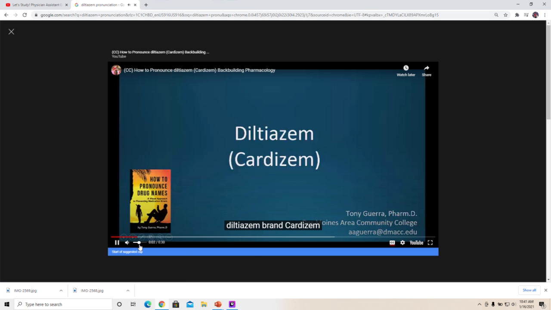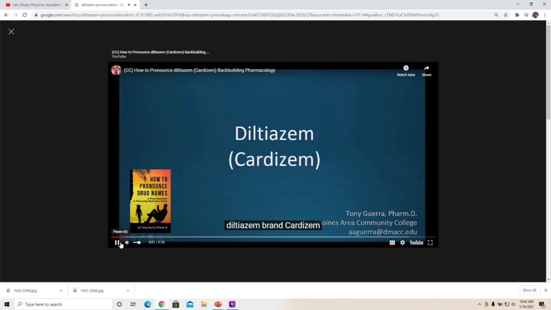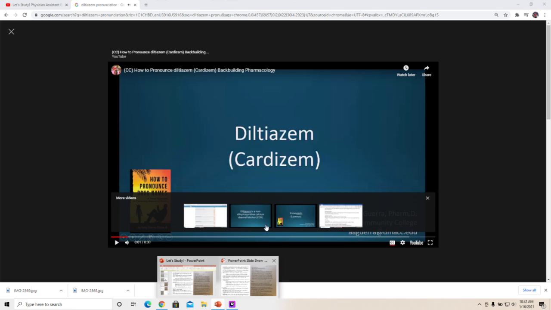Brand, Cardizem. So diltiazem and verapamil are calcium channel blockers. So rate control can be managed with beta-adrenergic blockers or calcium channel blockers, or, less desirable, digoxin.